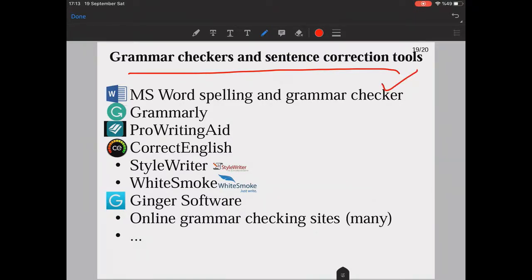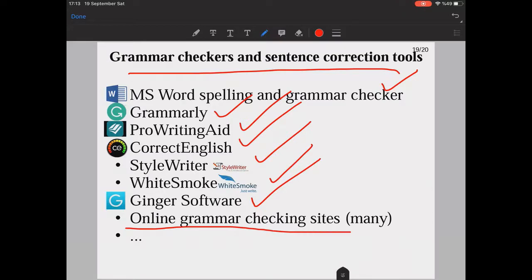I sometimes use it. Grammarly, ProWritingAid, Correct English, StyleWriter, WhiteSmoke, Ginger Software, and there are lots of online grammar checking sites. Even Google Translate is doing great work on this. I mean, it can help give you an idea about some common mistakes we encounter while writing papers.